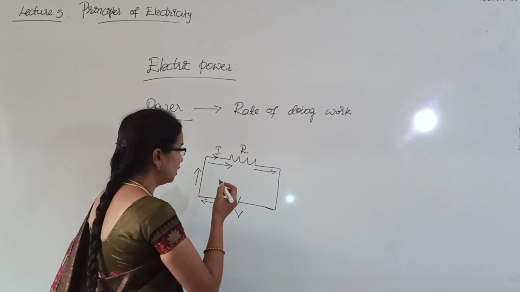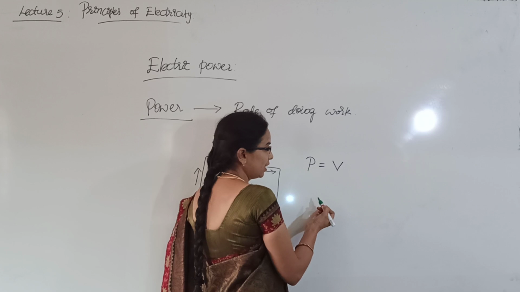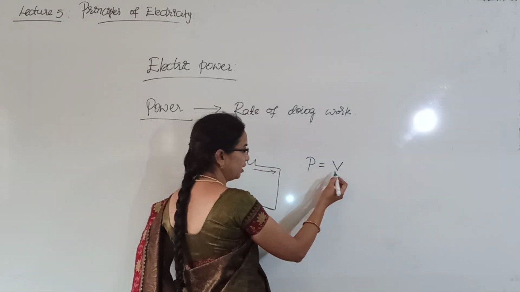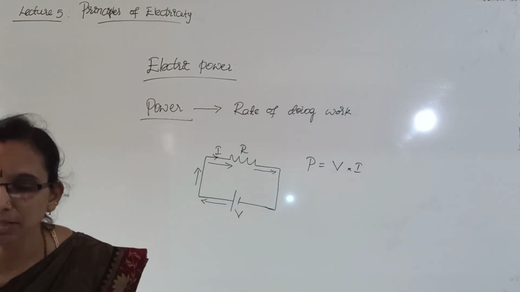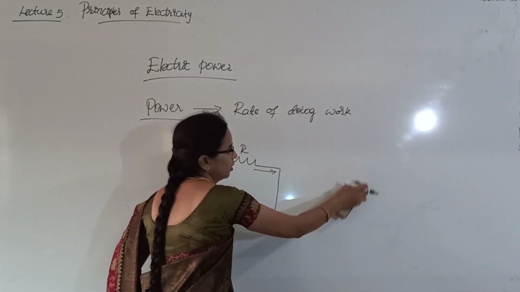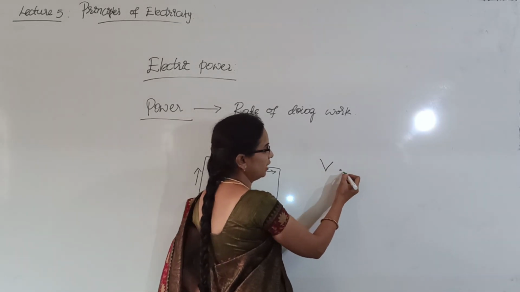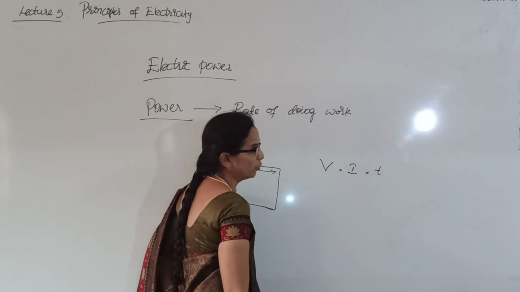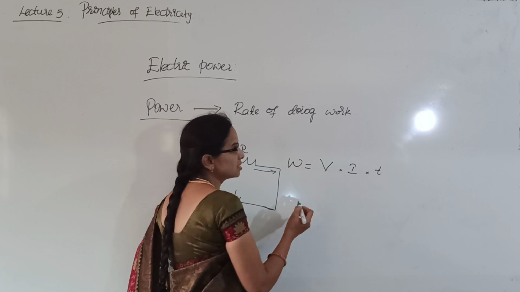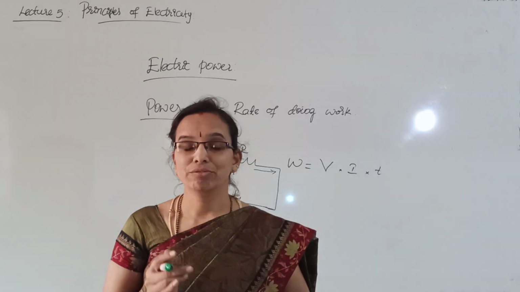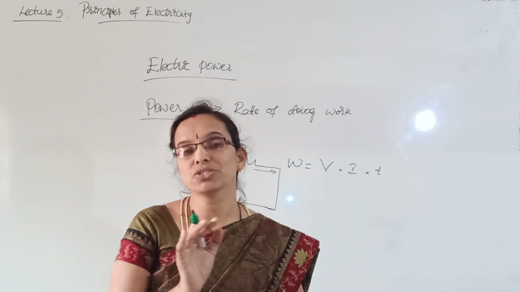You can define electric power as follows: when a potential difference of V is applied, the current I is flowing in a given amount of time T. Then you can tell work is done. Charges at the same potential will not move.